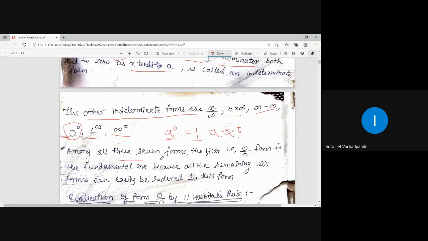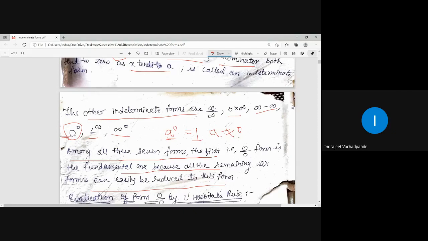So among all these seven forms, the first, 0 by 0 form, is fundamental, because all remaining six forms can be easily reduced to this 0 by 0. So the first and foremost, fundamental form is 0 by 0.